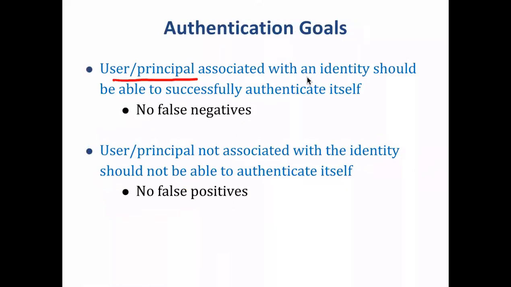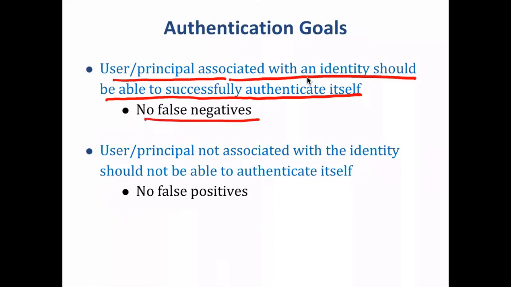So a user or principal associated with an identity should be able to successfully authenticate itself, and there should be no false negatives. The second goal is that users and principals not associated with the identity, say for example your friend may want to fake you and enter a wedding hall or examination hall, should not be able to authenticate themselves. No false positives.